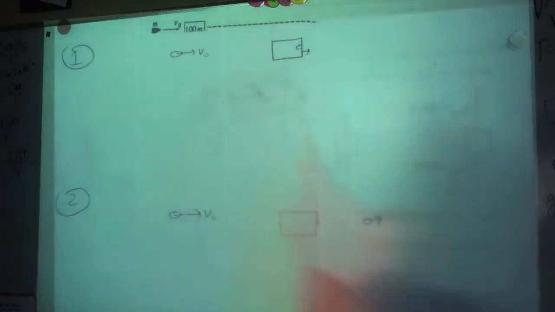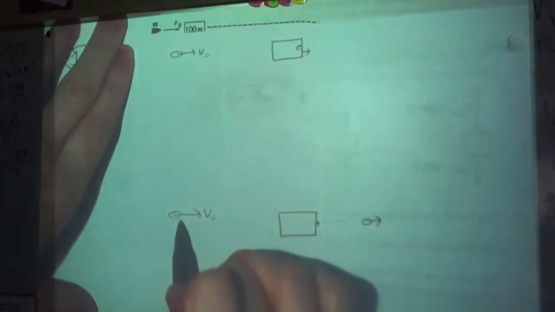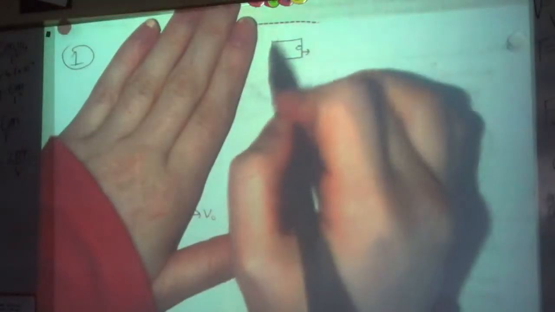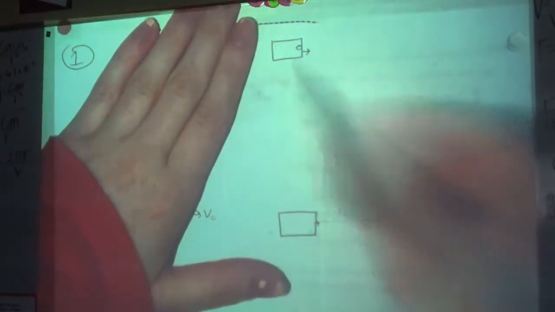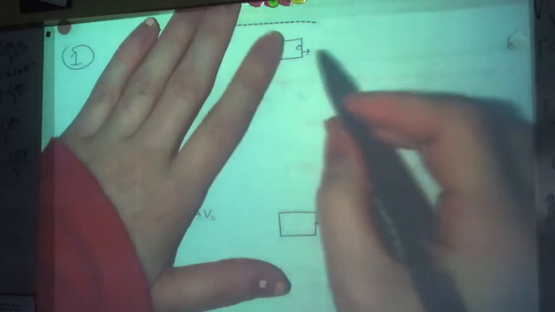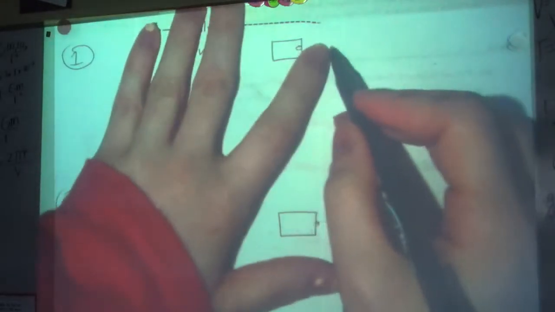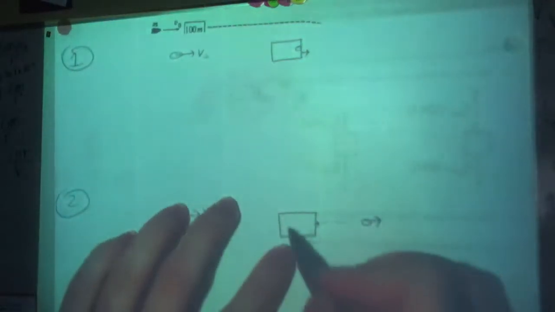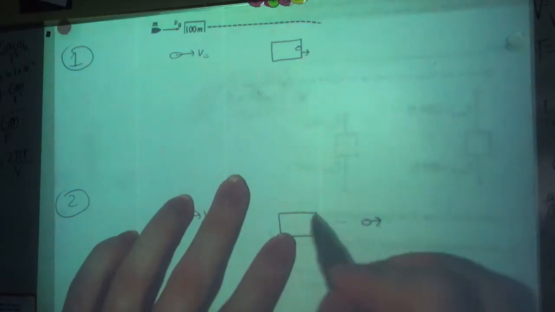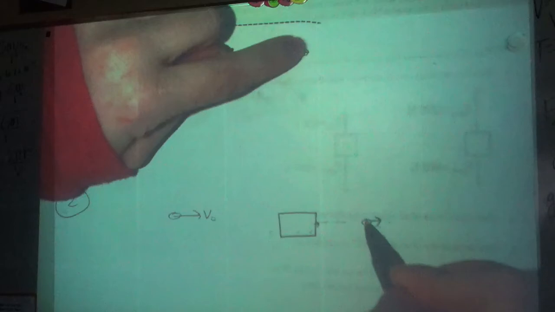So if we think about it, momentum has to be conserved. They're both starting with the exact same momentum. In either case, that momentum is shared between the block and the bullet. But in this case, they both move at the same velocity. In this case, the bullet is going faster than the block, meaning that in this one, the bullet has more momentum than the bullet does here.